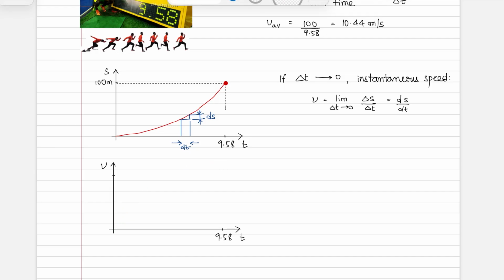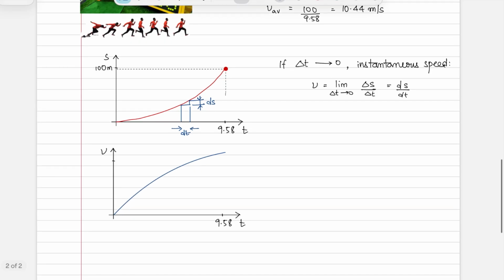In this case, the slope has become somewhat stagnant, flatlining, which is why I would say this is probably a good representation of your instantaneous speed. So this v is ds/dt, which means that going from this to this, all you're doing is differentiation.